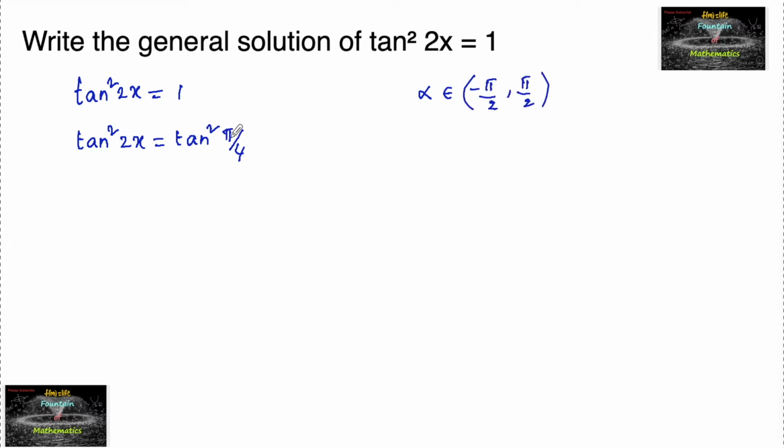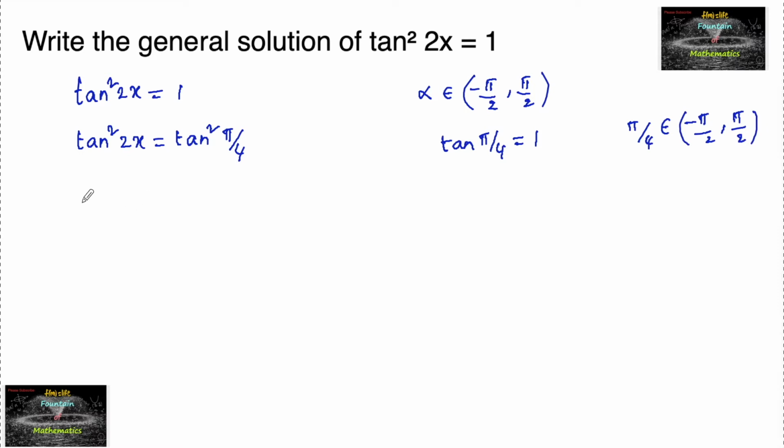So tan pi by 4 is 1, so let us consider this: tan square 2x is equal to tan square pi by 4, since tan pi by 4 is equal to 1 and pi by 4 belongs to the principal range, that is minus pi by 2 to plus pi by 2 for tan.